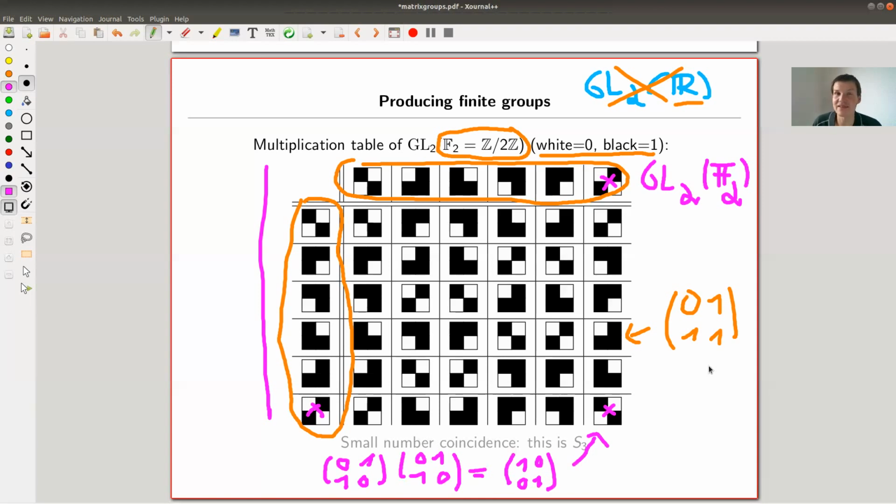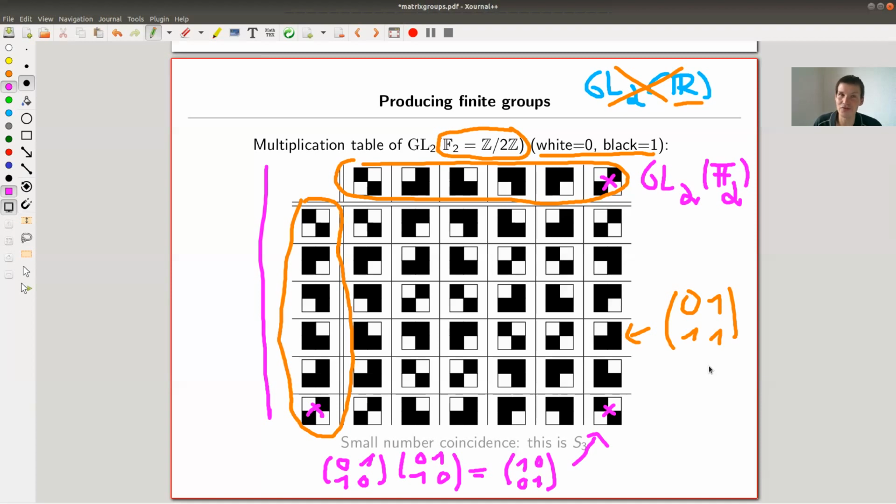It's immediately clear that this is a group. So this is a really good way to produce finite groups, for example, because now I could take GL2 over the field with 3 elements. I could take GL2 over the field with 4 elements. I can take GL2 over the field with 5 elements, and so on. I will get a group. Always. And that's pretty amazing.